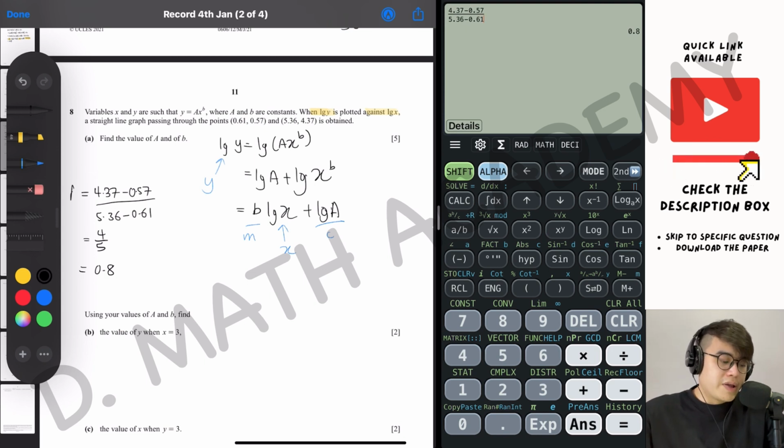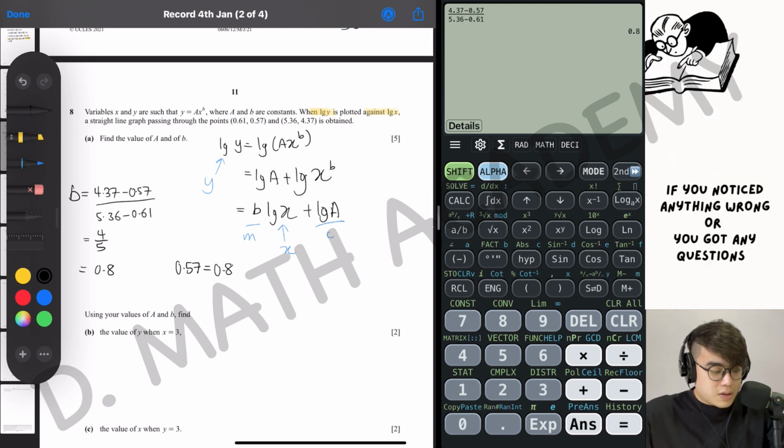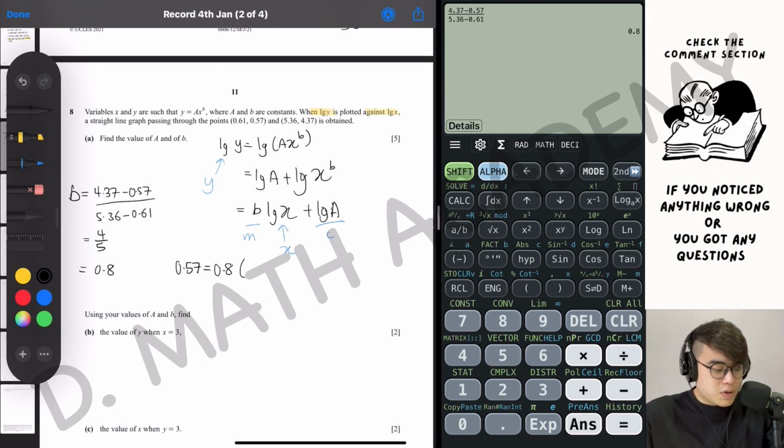Now that you have b out of the way, you can proceed to identify your log A. I chose the point where y is 0.57, equals 0.8, which is our b here, times our 0.61, which is our x, plus log A. So to find log A's result, we'll be taking 0.57 minus 0.8 times 0.61.